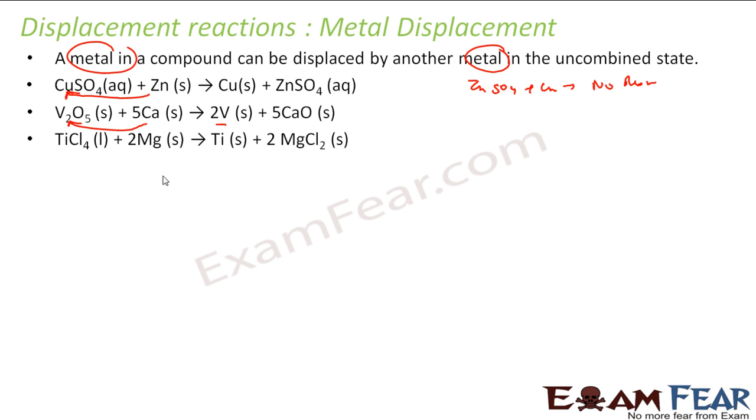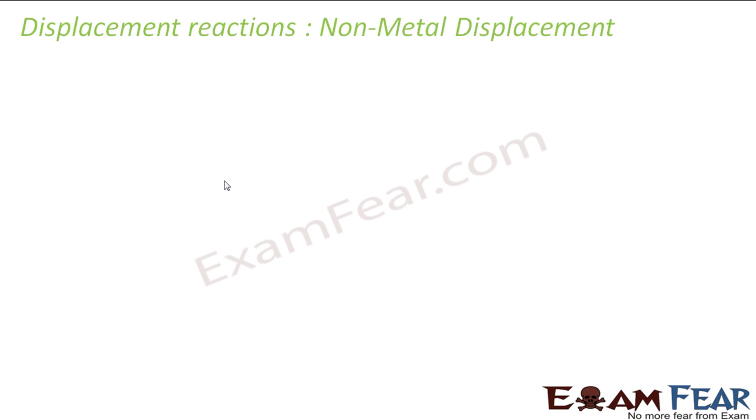Similarly, TiCl4 and magnesium: magnesium can kick the titanium out and chlorine combines with magnesium. Similarly, with Cr2O3, aluminum can kick this chromium out and becomes Al2O3. So in metals we have displacement reaction.